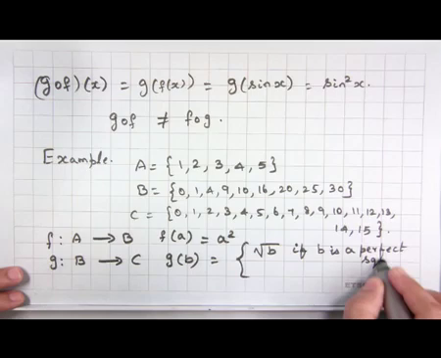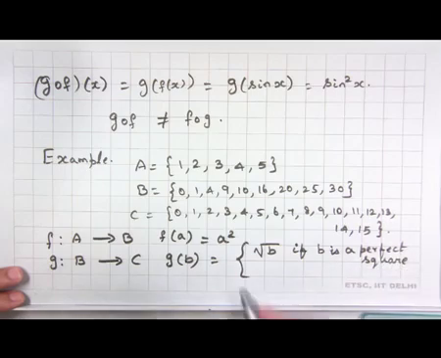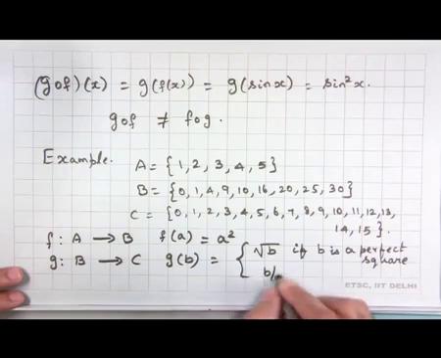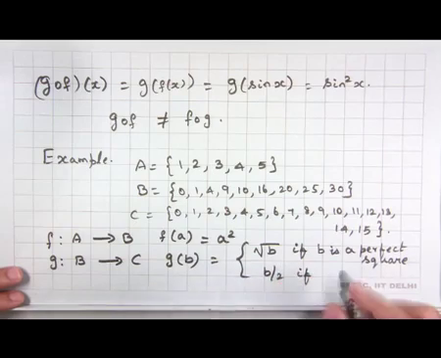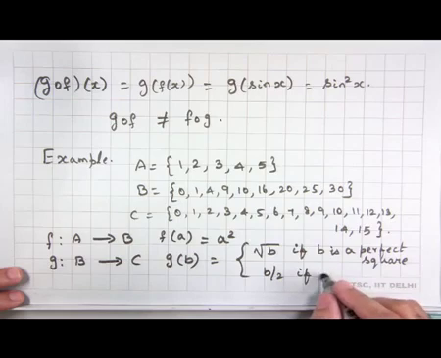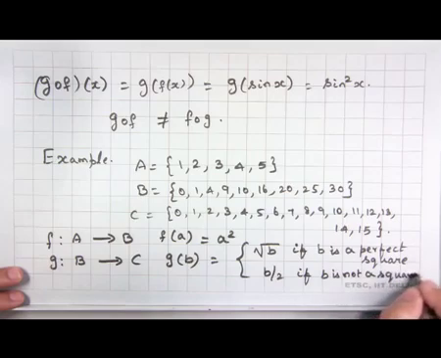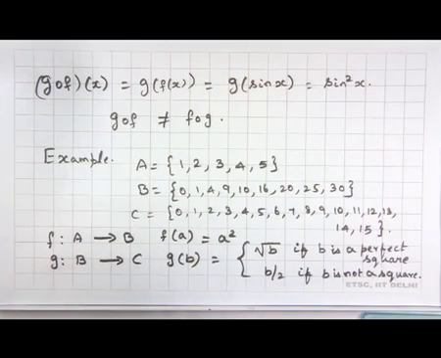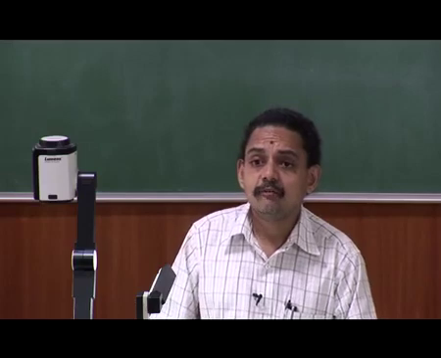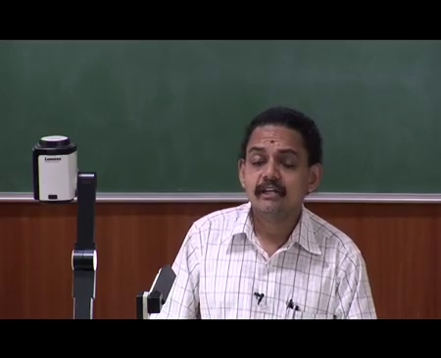Whenever it is a perfect square, define it as root of b, otherwise define it as b by 2 if b is not a perfect square. If it is a perfect square, define it as root b. If it is not a perfect square, define it as b by 2.